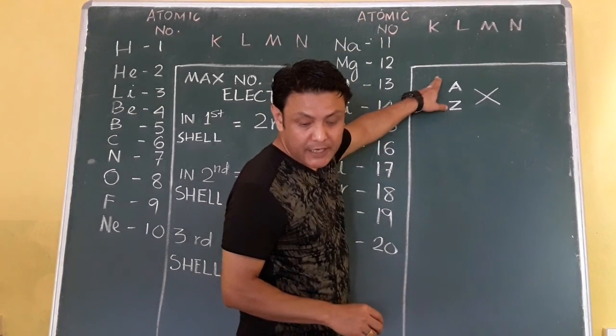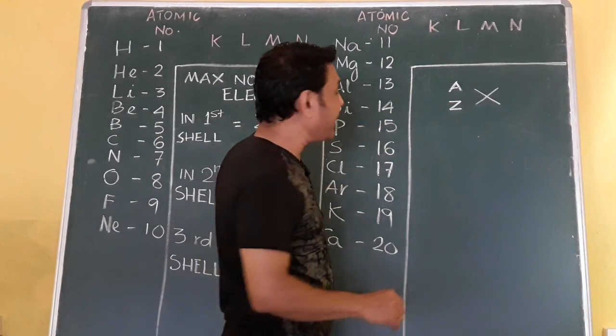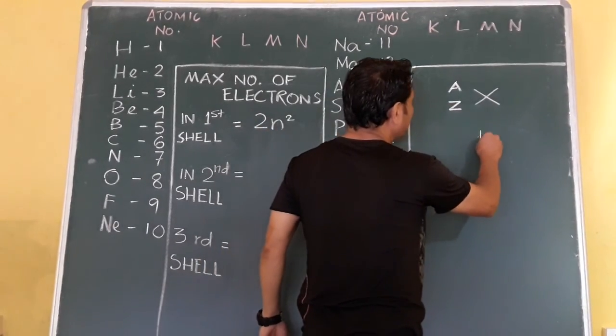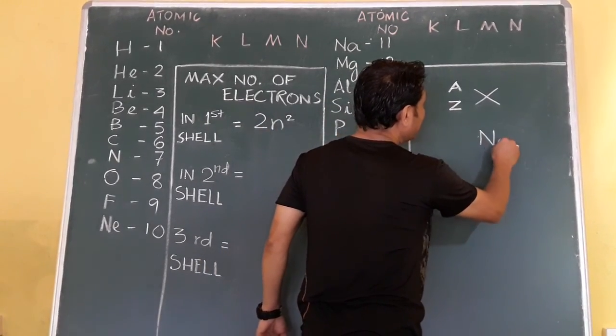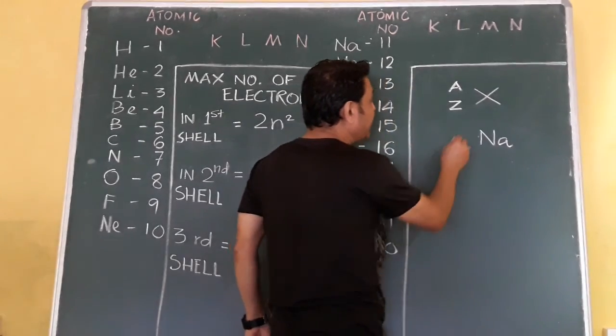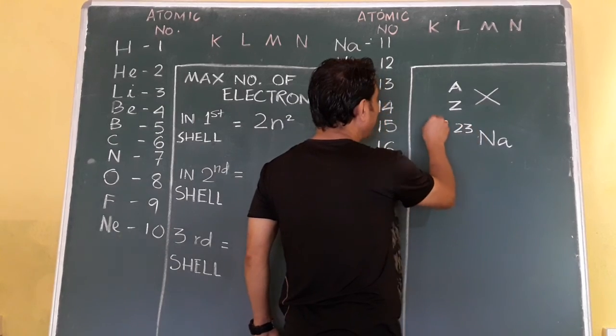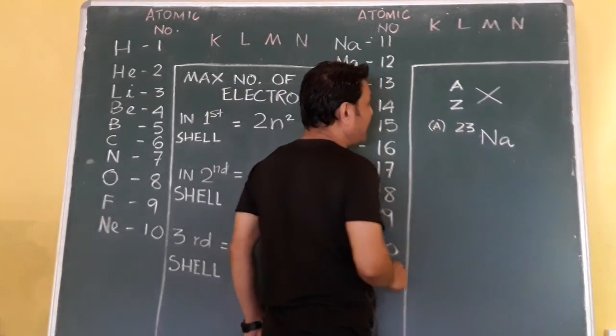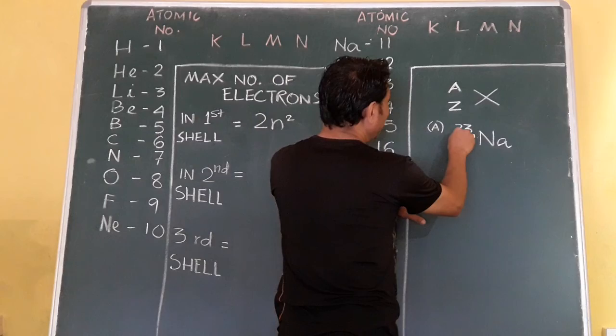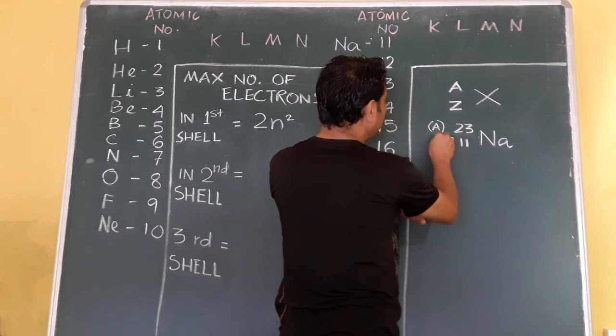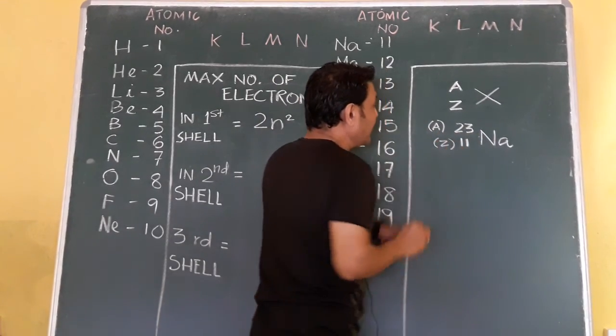For example, when we talk about sodium, the symbol is Na. In the superscript, we write the mass number, that is represented by A. This is the mass number, and 11 is the atomic number, that is represented by Z.